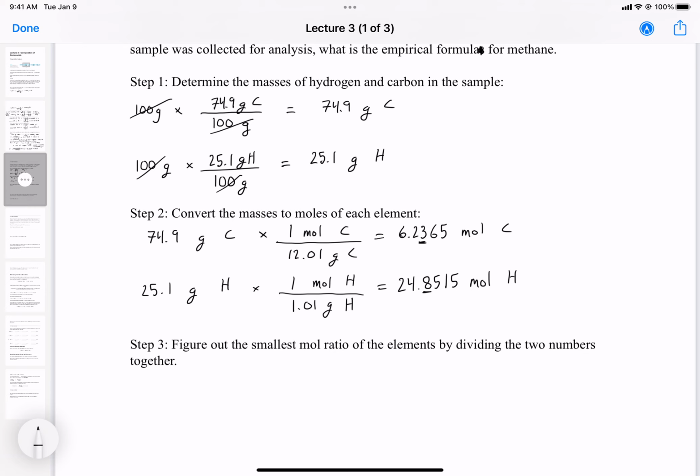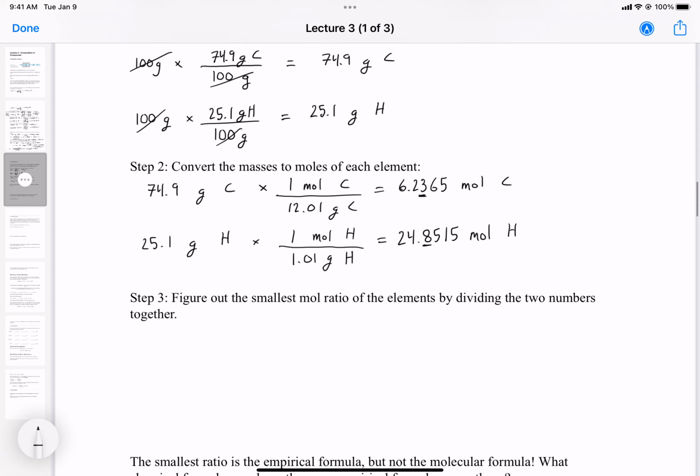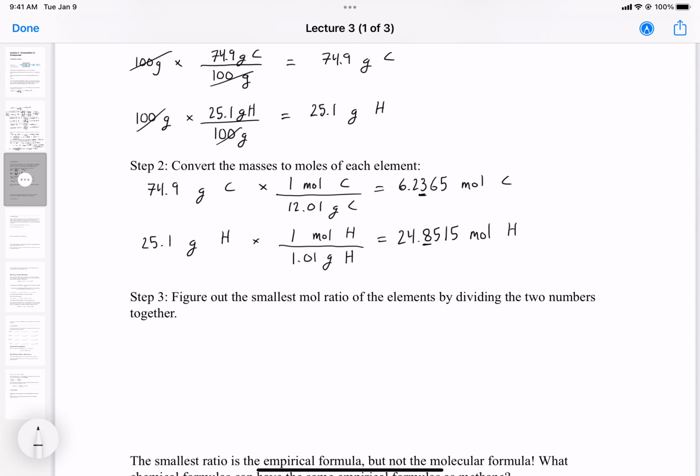So we have to do it on the mole scale, where we're referencing the amount we have through the molar mass, and that will give us an equivalent number of moles. So that's why we use moles. So we're going to figure this out by dividing the elements by the smallest value to get whole numbers for each atom. If we divided it by the largest number, we would get a fraction, and we don't want to work with fractions when we're talking about compounds. We want to do it in whole numbers.